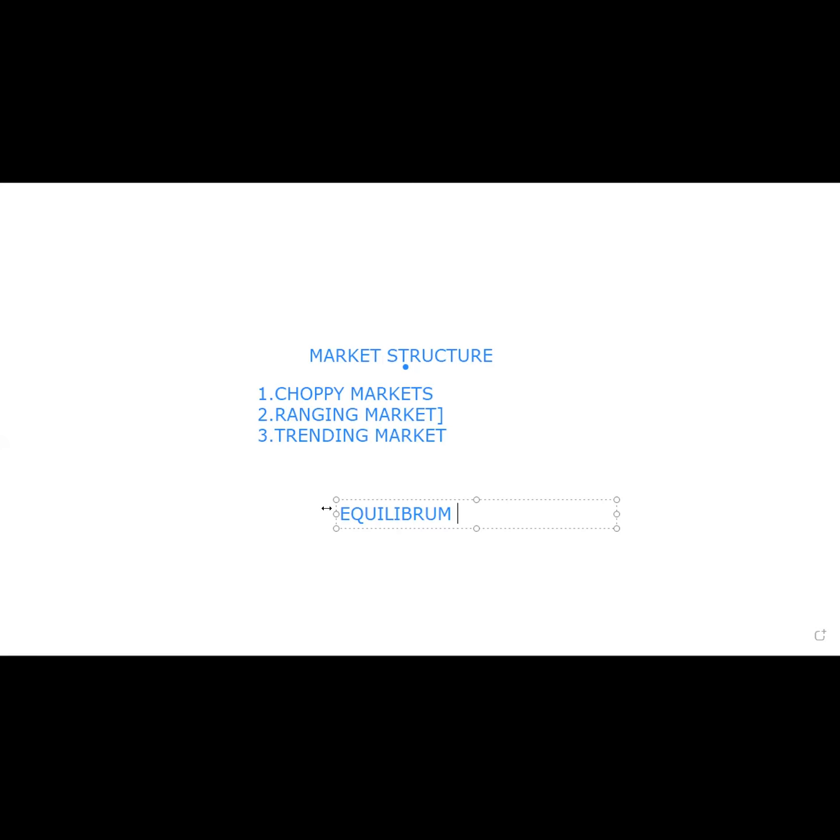You would often see a ranging market at the end of an existing trend, to show that the previous trend is losing its strength. Full stop.